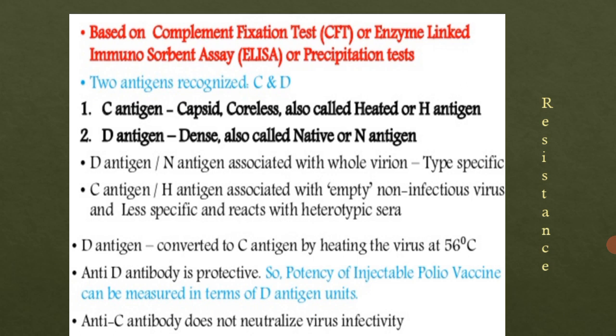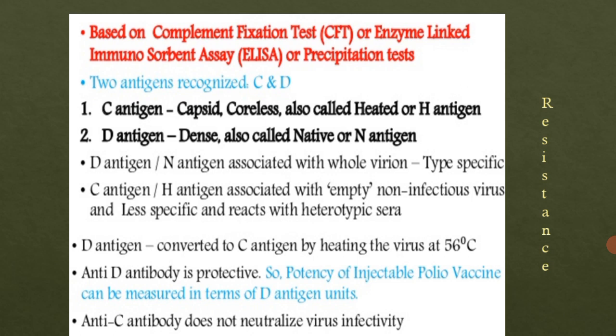What is potency? Potency is the ability to show its effect. We used to say this antibiotic is that much potent, this drug is that much potent. The concentration, the ability that is required to show the required results, is called the potency.